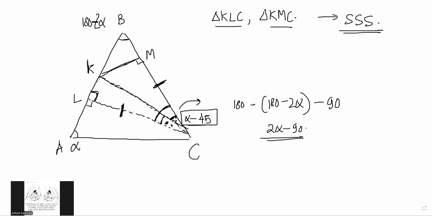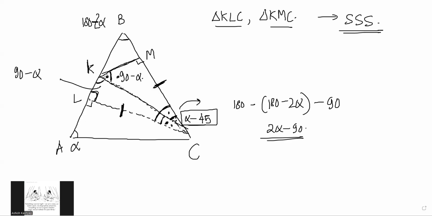So the other part has to be 90 minus alpha. These two angles have to be 90 minus alpha so that it adds up to 90, right? 90 minus alpha and this is also 90 minus alpha, right?